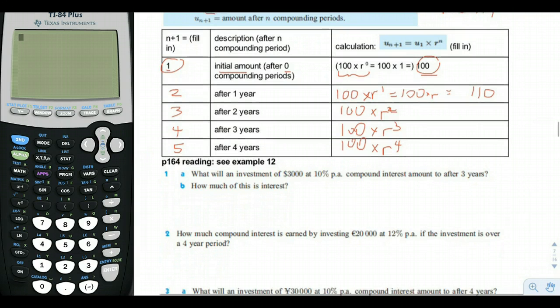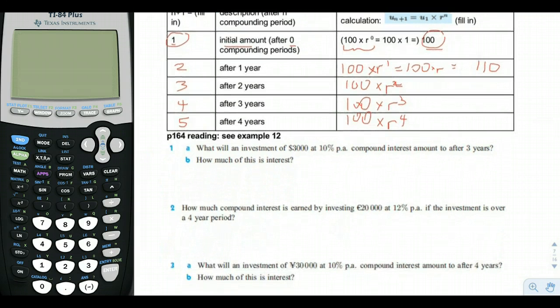Number 1. What will an investment of $3,000 at 10% per annum compound interest amount to after 3 years? Okay. So after 3 years would be this one, right? So it would be U4 equals 3,000, which is the initial amount, times 1.1, actually it's 10%, just the same as our example above.